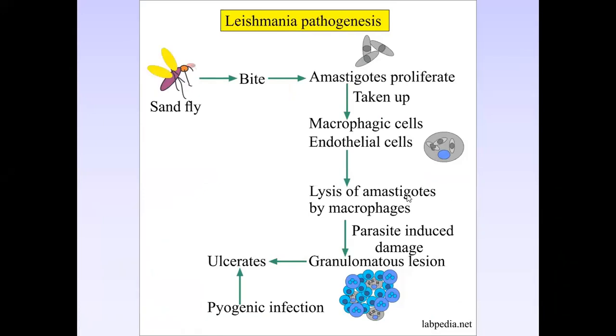And once it lyses, it is going to release the amastigote forms. This is going to initiate an immune response by the host, and this will result in the formation of a granuloma. If this granuloma ulcerates, it can become pyogenic, and these lesions can be seen on the surface of an individual.